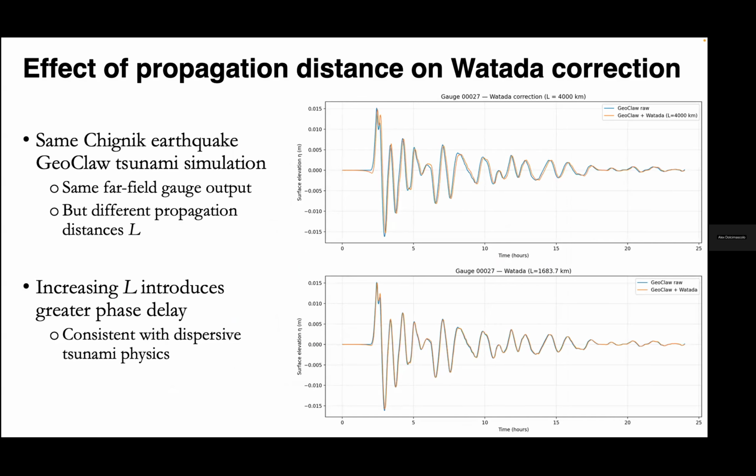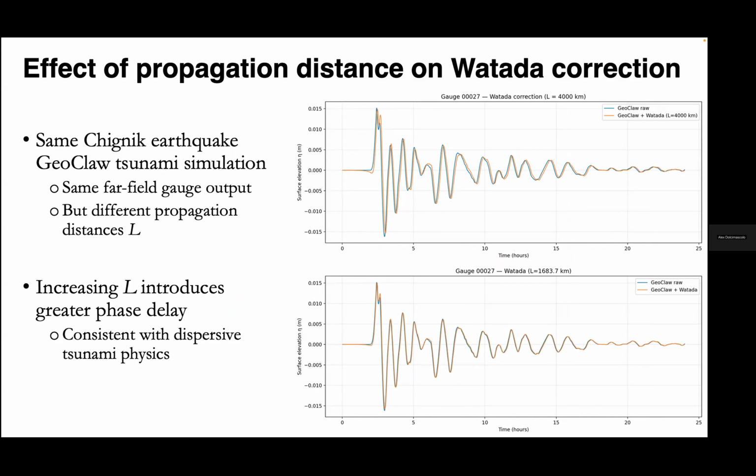And finally, to illustrate how the correction behaves, I varied the source to gauge distance L while keeping everything else the same for the same gauge output from a GeoClaw simulation. This again is using one of my Chignik earthquake examples that I've been studying. Here the lower plot uses the calculated source to gauge distance for this station, while the upper plot shows an artificially larger difference for comparison.